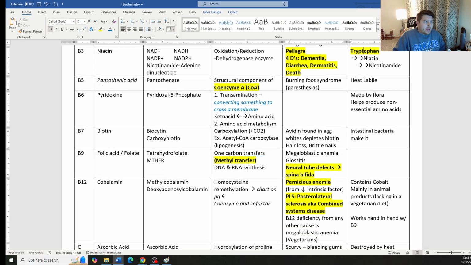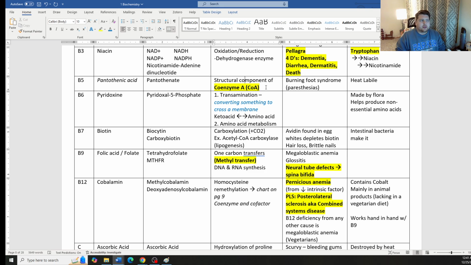B5 is our pantothenic acid, the active form being pantothenate. Not asked super often, except for this specific point, that it is the structural component of coenzyme A. So coenzyme A, if we recall, is responsible for producing our fatty acids.